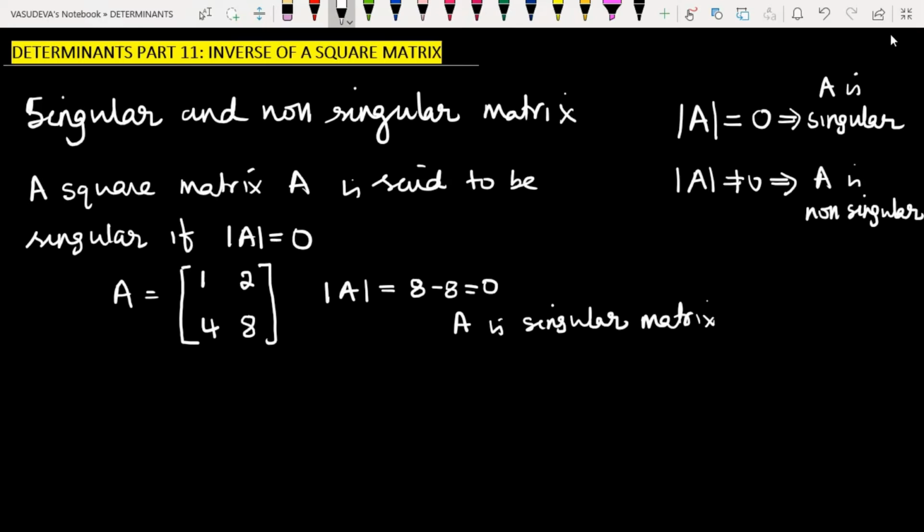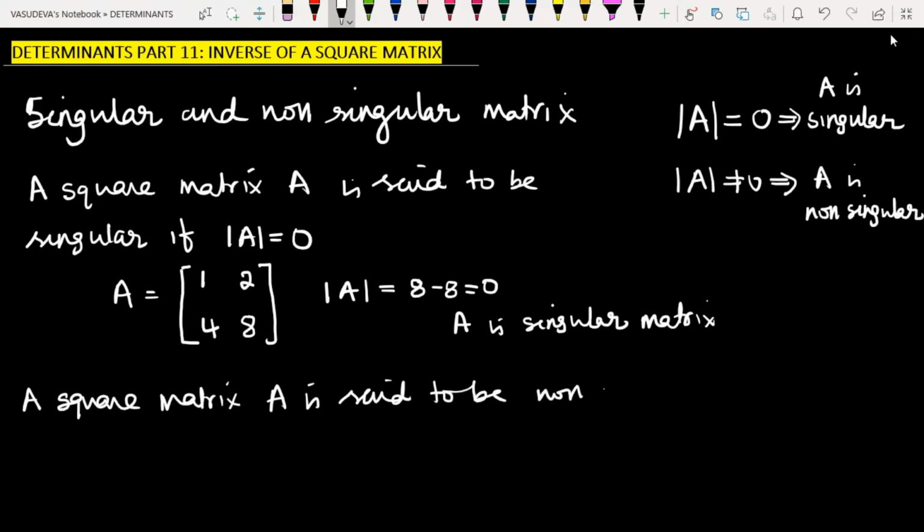Then a square matrix A is said to be non-singular if determinant of A is not equal to 0. We can give many examples for this.